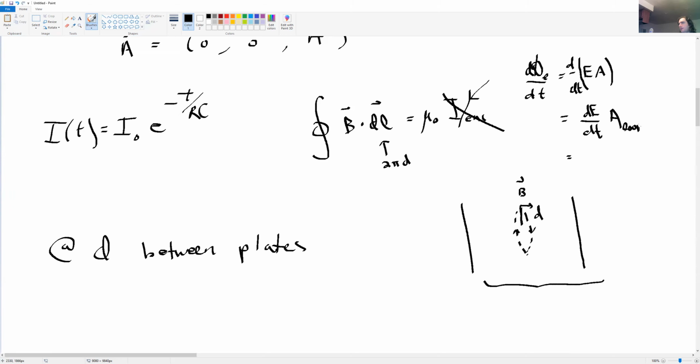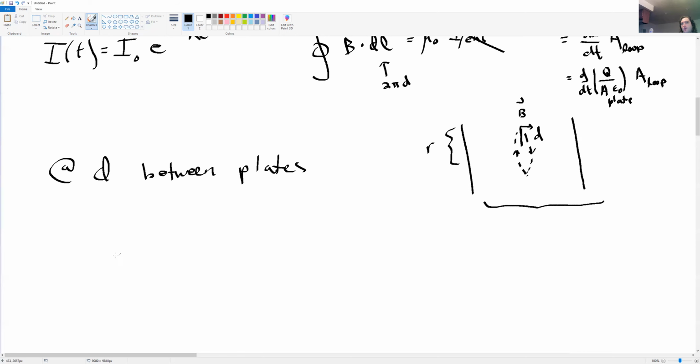So it's d by dt of Q over A of the plates, which is different, times epsilon naught in the denominator, times the area of the loop. So the area of the plate is different. They say the radius of the circular plates is r.